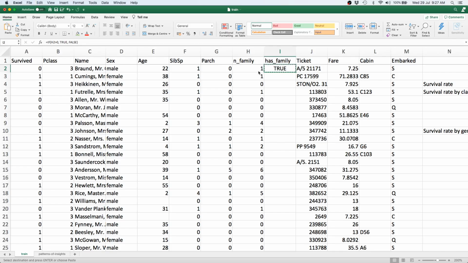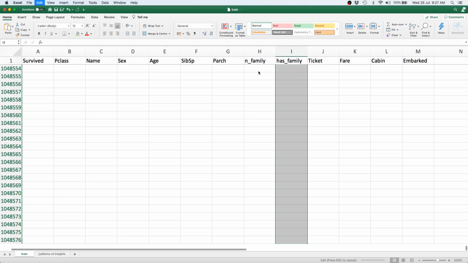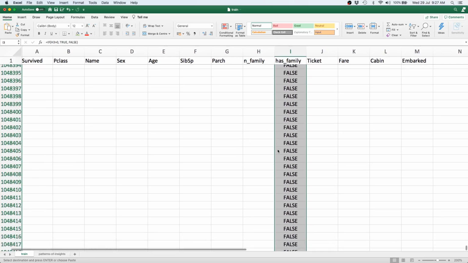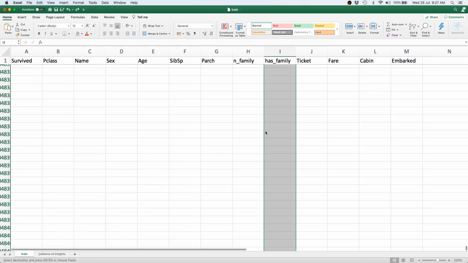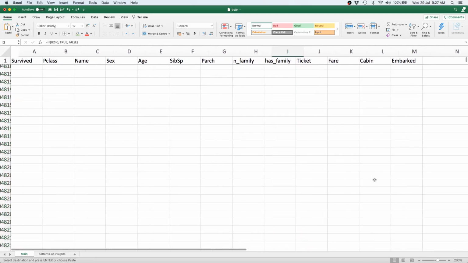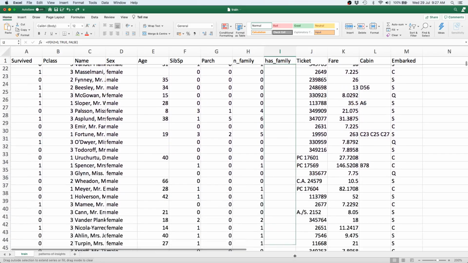So let's copy this and paste it all the way to the end of the sheet. It went well beyond the range, so let's not do that because that will slow down the operation. Let's go back to the top and just drag this down until we reach row 892.